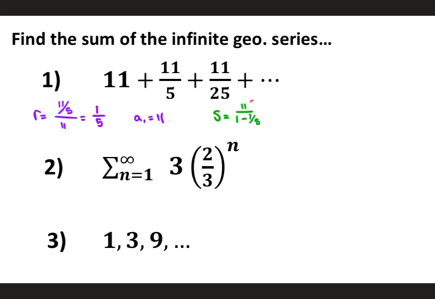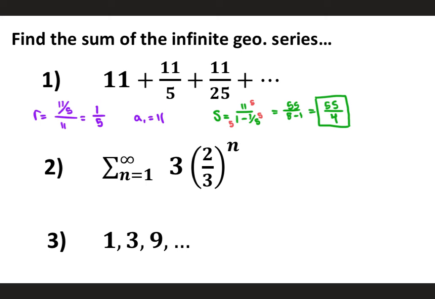We're going to multiply everything by 5 to get rid of that fraction on bottom. That will give us 55 over 5 minus 1. So that is 55 over 4 is the sum of this series. That was it. Not too hard.